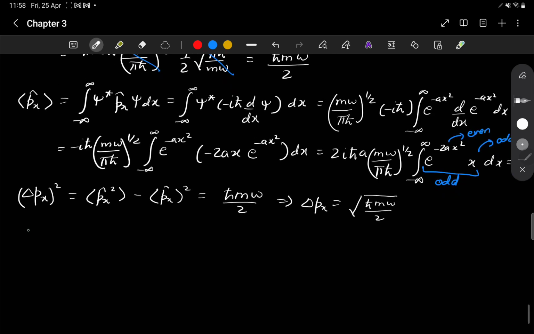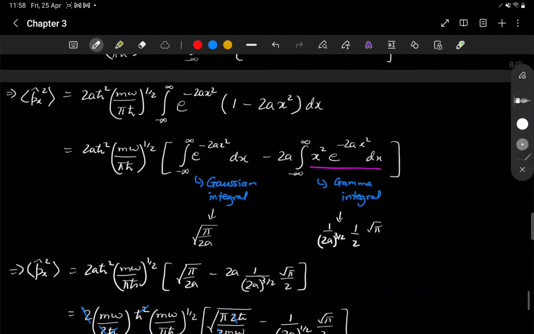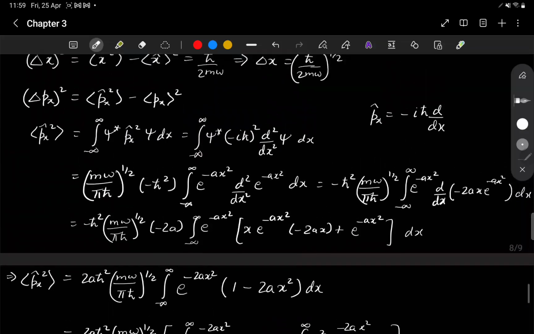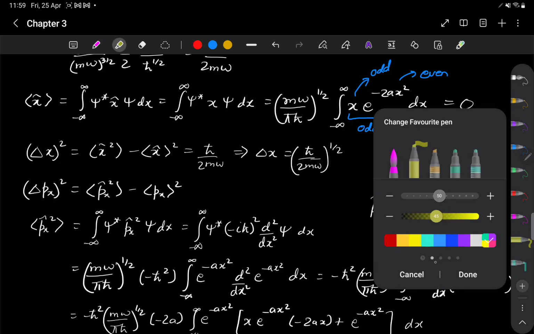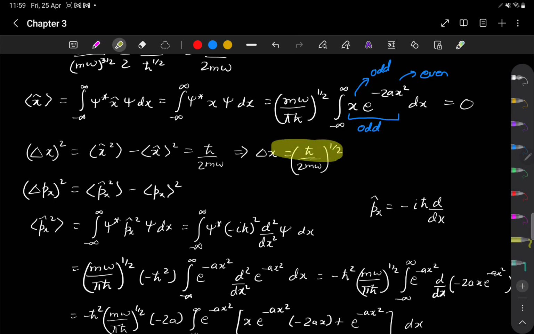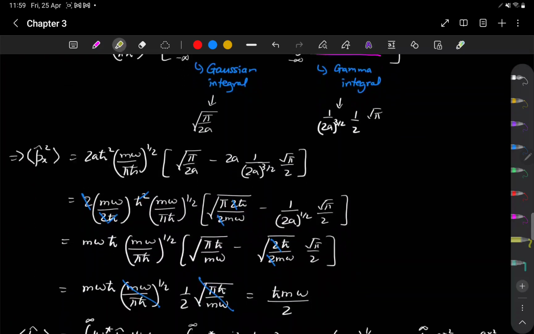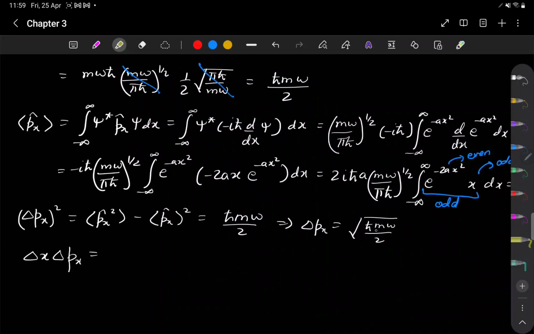Now the uncertainty product delta x delta px is the following. Let me put together the results. Where is delta x? So this is my delta x, and this is my delta px.